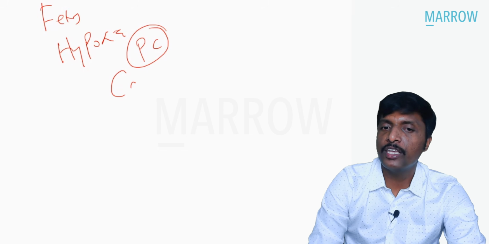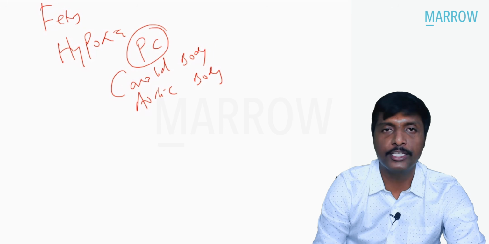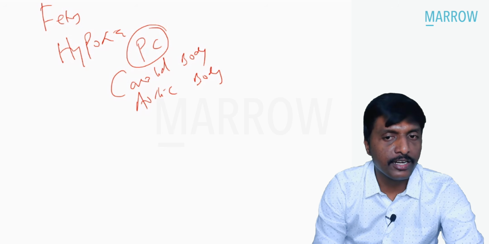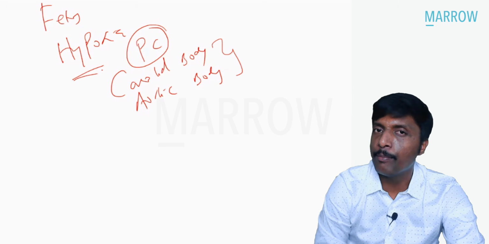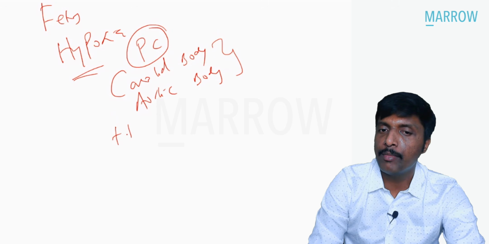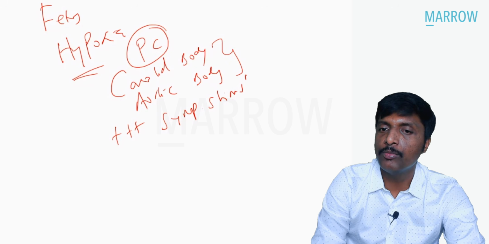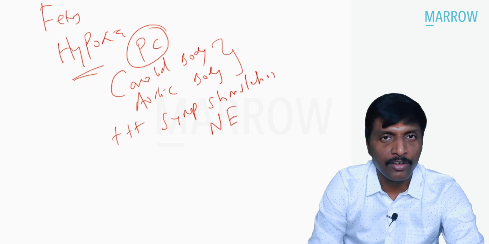Where are those peripheral chemoreceptors? Carotid body and aortic bodies. Most importantly, whenever they are activated exclusively during hypoxia, there is tremendous sympathetic stimulation. Sympathetic stimulation means norepinephrine.